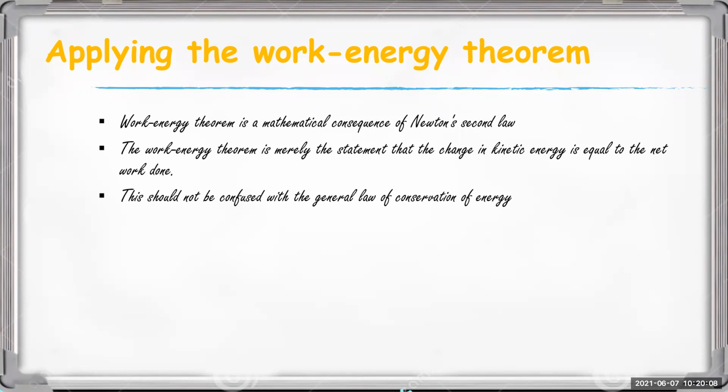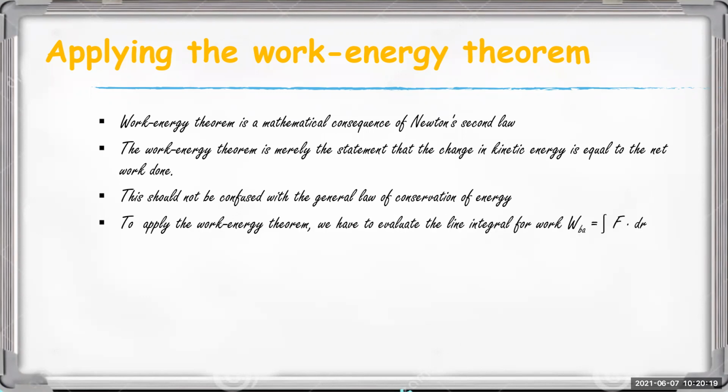This statement should not be confused with the general law of conservation of energy. To apply the work energy theorem, we have to evaluate the line integral, that is WBA is equal to the integral of F dot dr. It is the expression when we consider the work energy theorem in several dimensions.